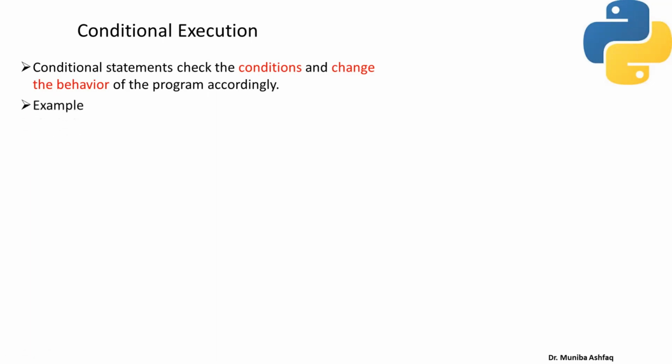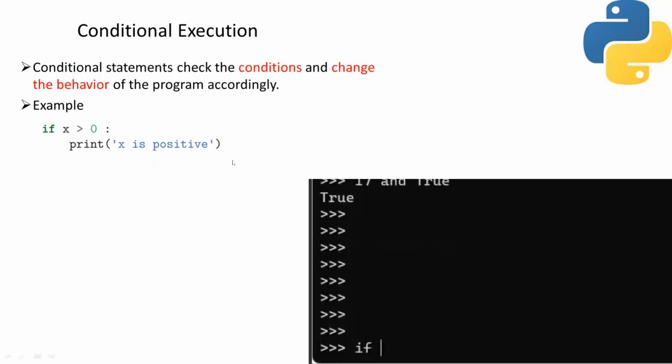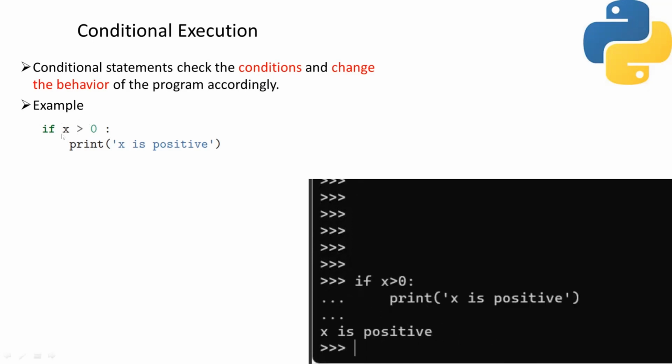Now come toward one of the examples. You can see that we have this example in which we have if x greater than 0 colon, then we are going to print x is positive. So it's quite simple. If you are talking about conditional execution, then for that we have to use this keyword if. This is the main keyword if, which is used to check the conditions. And which conditions we are going to check, we have expressed using the Boolean expression.